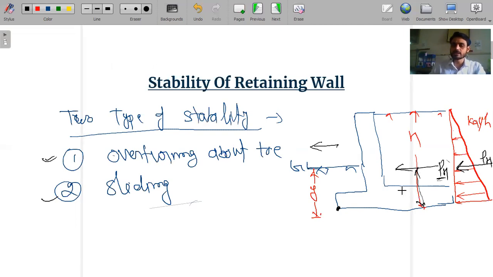And that overturning effect will be stabilized by the moment applied by the self weight of the soil and self weight of the retaining wall. These two downward self weights will exert a moment about the toe, which will stabilize the overturning effect of the retaining wall.